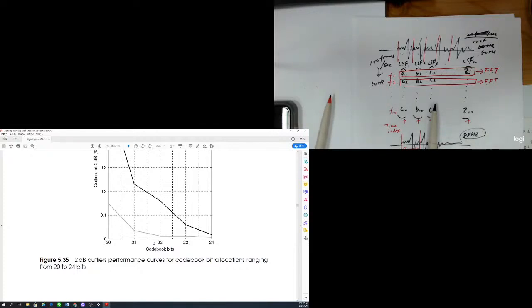So we have to apply some low pass filter to remove that, and make your interframe prediction perform better.